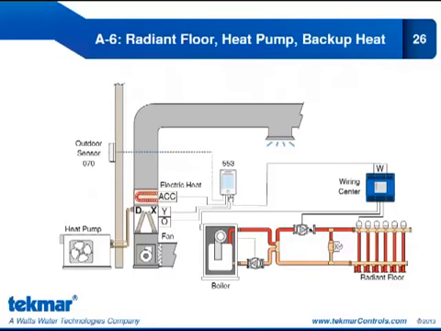Our second stage of heat comes from our heat pump, the Y relay. The GO is obviously going to control the reversing valve for the heat pump. And now my accessory relay is going to operate the electric strip for backup heat. So we have first stage of heat, radiant floor, second stage heat from our heat pump, third stage of heat from the electric strip backup.